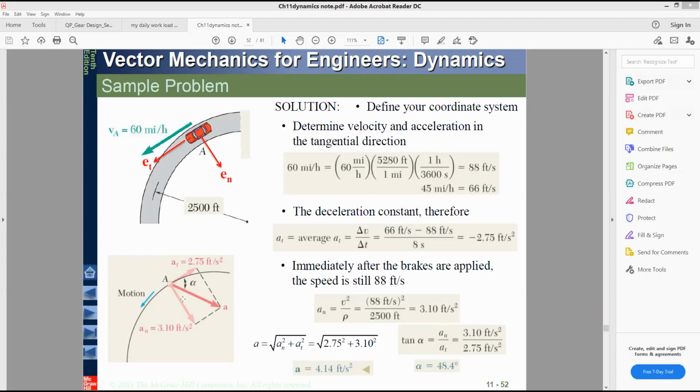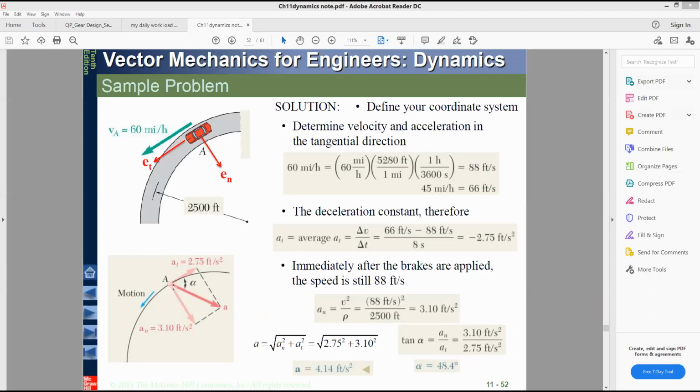Always remember, this is not your alpha, this one is always alpha. Alpha is the angle made with respect to the tangential component, not the normal component. So you get an by at, and this is 48.4 for the present problem.